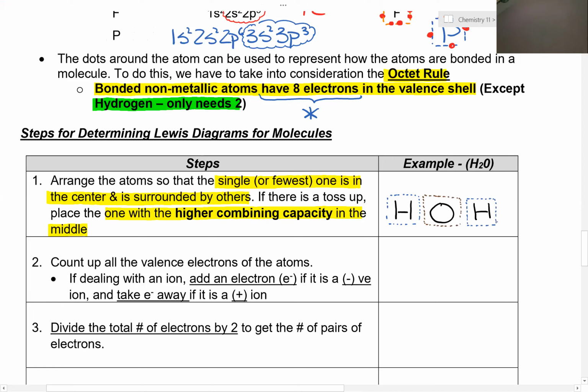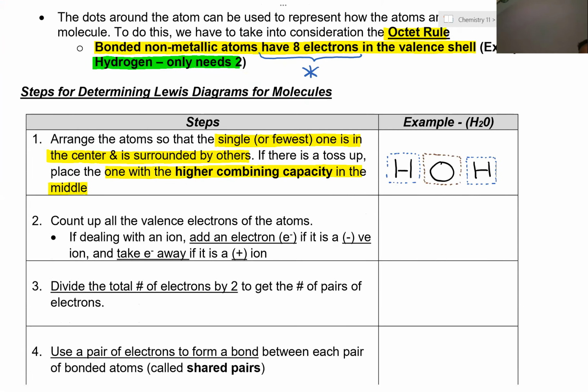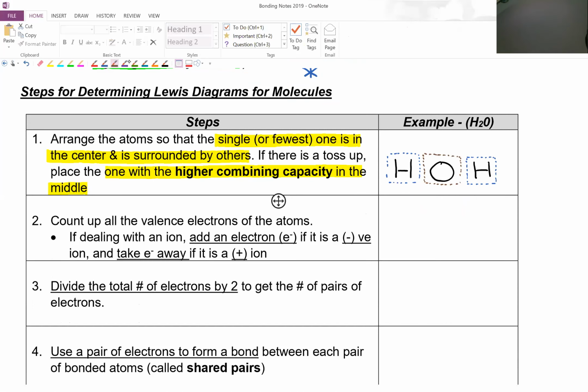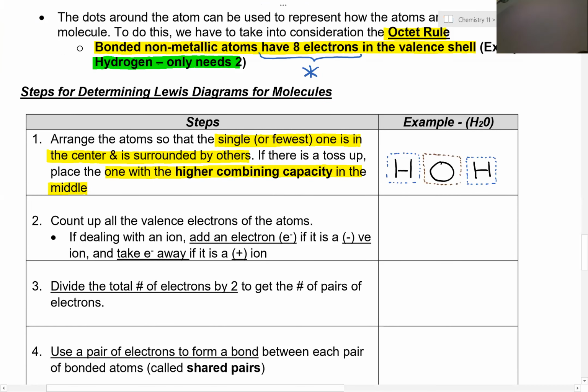Okay, now what you want to do is count up all the valence electrons of the atom. If you deal with an ion, you add an electron if it's a negative ion, and take away electrons if it's a positive ion. So in this case, going back to our electron configuration, for hydrogen, you have 2 hydrogens, you have 1 oxygen, and it is neutral.